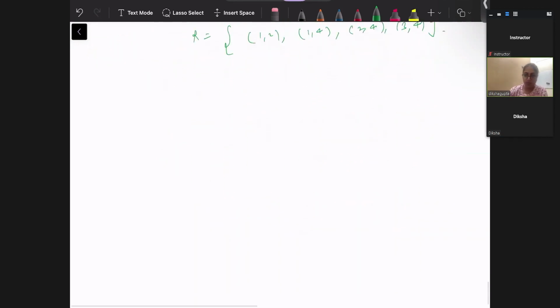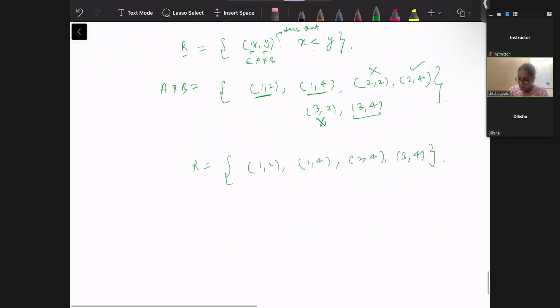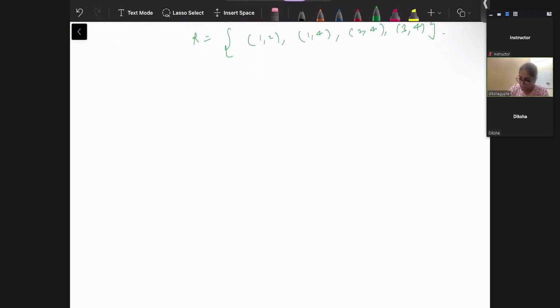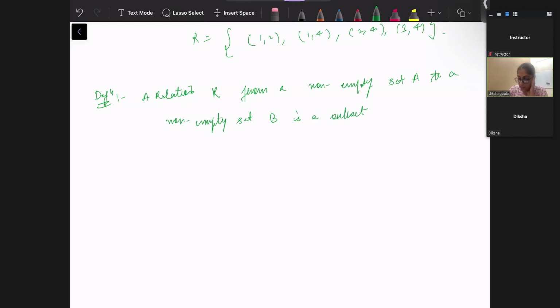So a proper definition, if you want to write it, and this relation is usually denoted by R. The definition would be: a relation R from a non-empty set A to a non-empty set B is a subset of the Cartesian product of A and B, A cross B. Please note that it is a subset.